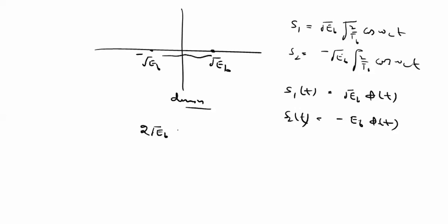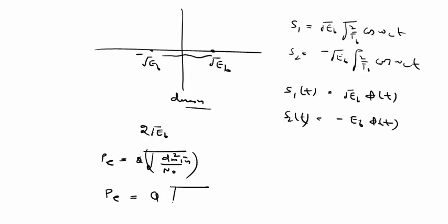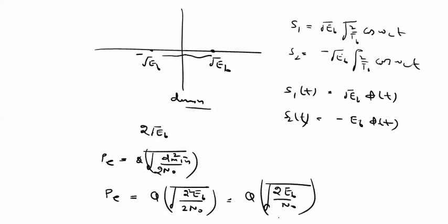We put this value into the formula. Probability of error is Q root of d minimum square upon 2 N naught, which is 2 Eb upon N naught after solving, so we can arrive at the formula by this method.